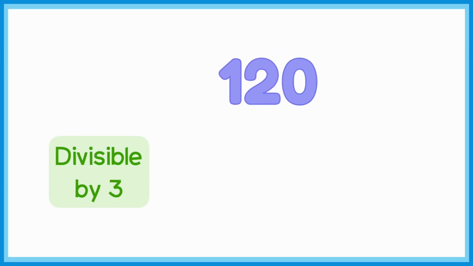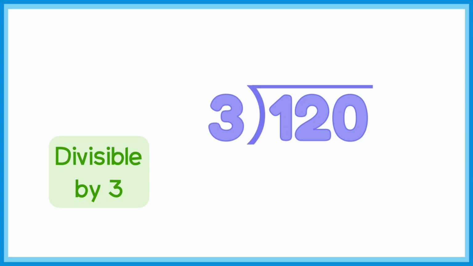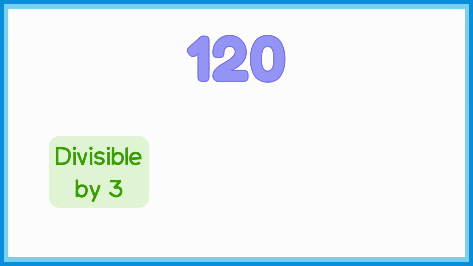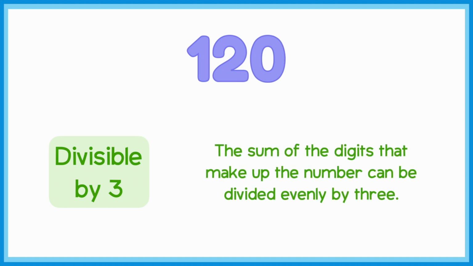Once again, we could do long division to figure it out, but there's a faster way. A number is divisible by 3 when the sum of the digits that make up the number can be divided evenly by 3. Usually, the sum of the digits will be a small number that is easy to check if it can be divided evenly by 3.